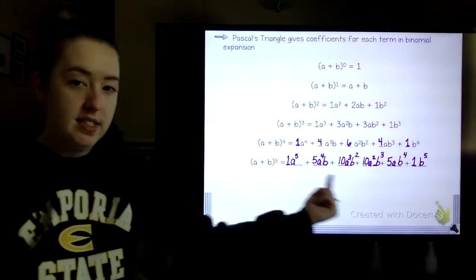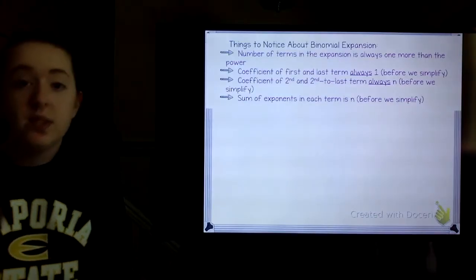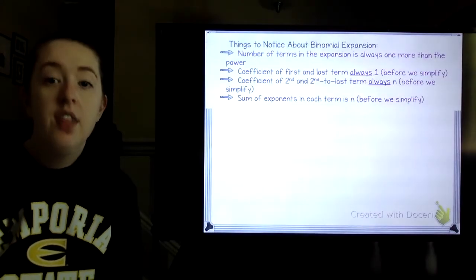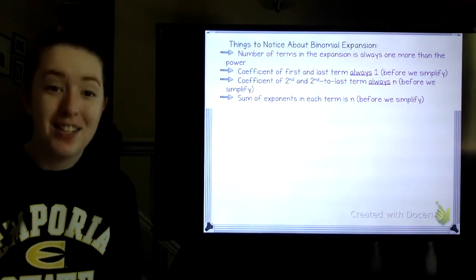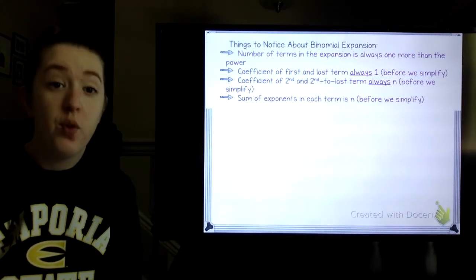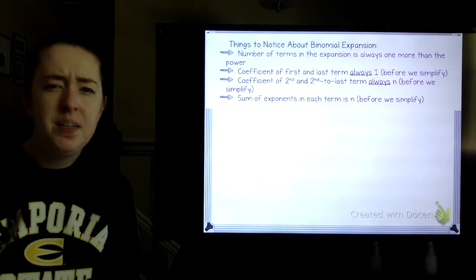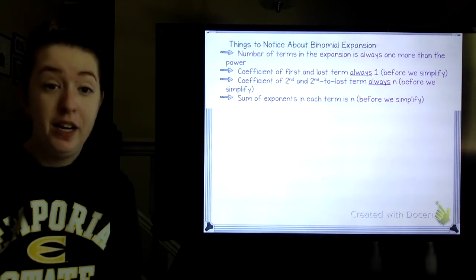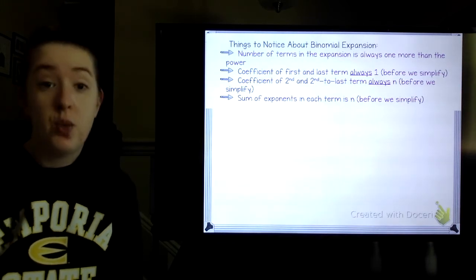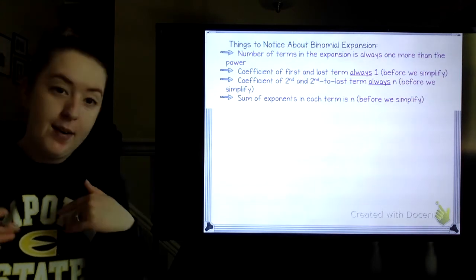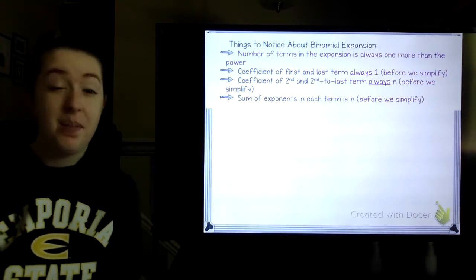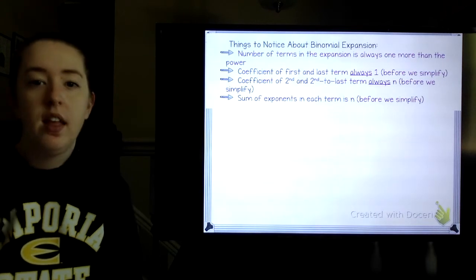Power 5, 6 terms. So it's always one more. The coefficient of the first and last term is always 1 before we simplify. What I mean is, before we simplify, a or b could be a number, so when we start squaring or cubing it, they're probably going to end up being something other than 1.